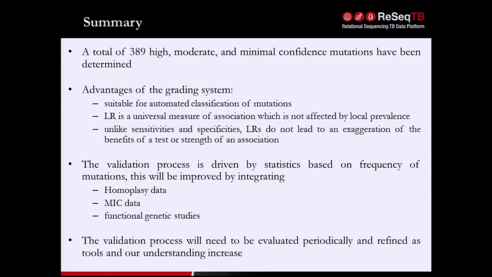The advantage also of this grading system is that we are going to implement an homoplasy evaluation in order to keep into account the population structure, and also we are going to include MIC and functional genetic data. Of course, this grading system is going to be evaluated probably once a year, like in the HIVDB, and constantly updated.